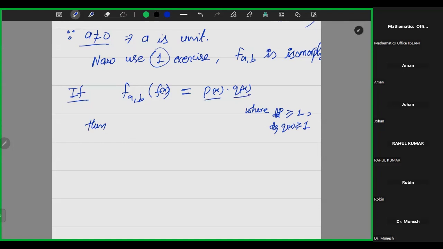This p(x)q(x) is also some f_ab(r(x)) times f_ab(s(x)). Why? Now I am asking at this step, someone reply: why is p(x) equal to some r(x), and s(x)?